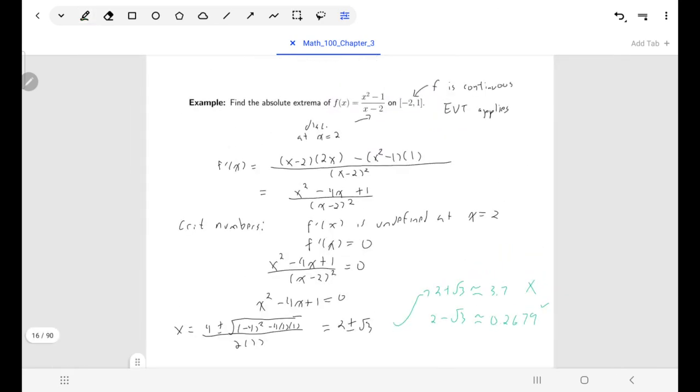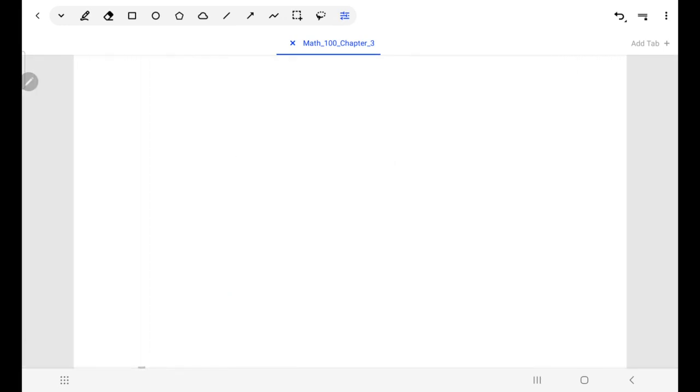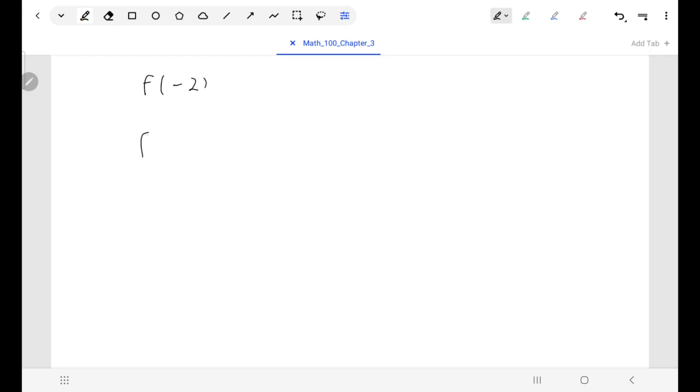Okay, so I have found 3 critical numbers, 2 of which I'm going to ignore, x equals 2 and x equals 2 plus root 3, because neither of those are inside my interval. So really, I only need to look at the endpoints of my interval and also 2 minus root 3. So I guess that's my next job, is to figure out what's going on at my endpoints, so at -2 and at +1.